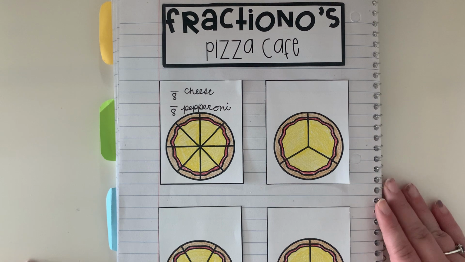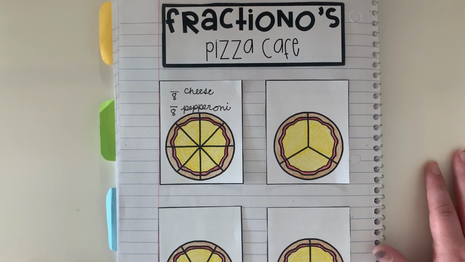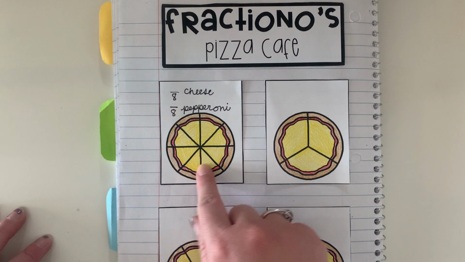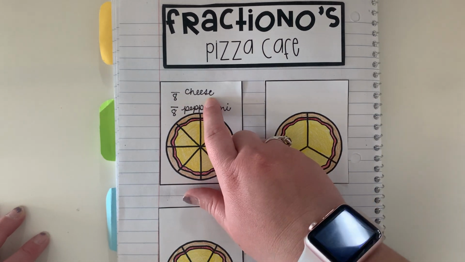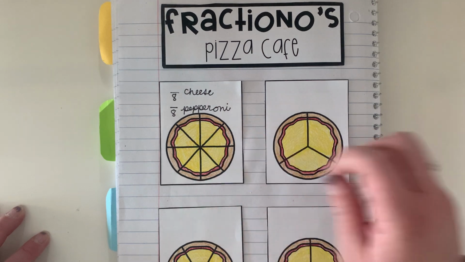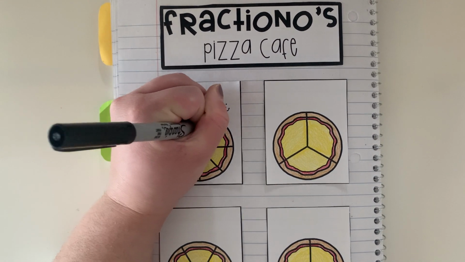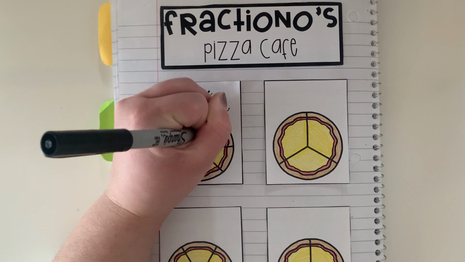When I put cheese on my pizzas, I'm not going to draw anything on them because the whole pizza has cheese. But some of them are only going to have cheese, and I'm going to put pepperoni on some of them. So I'm going to draw circles for pepperoni on some of the slices.